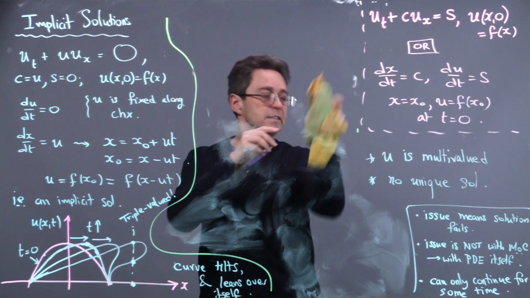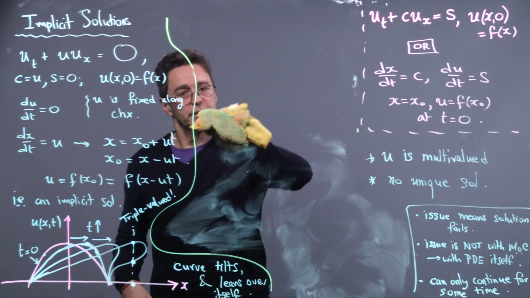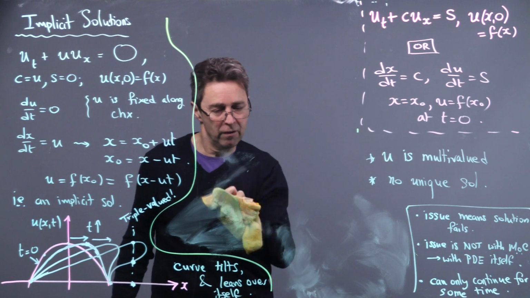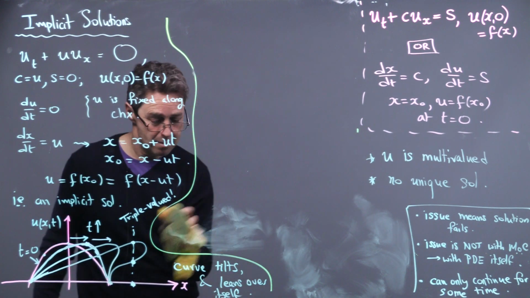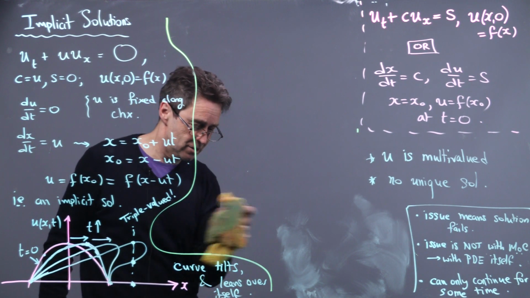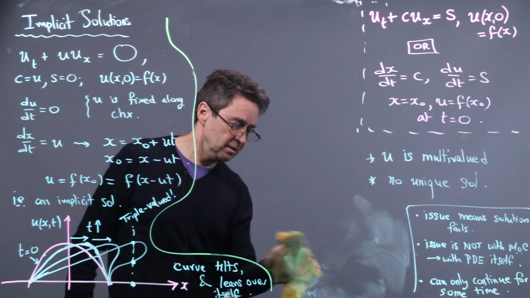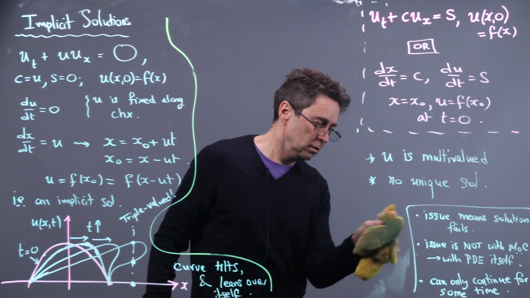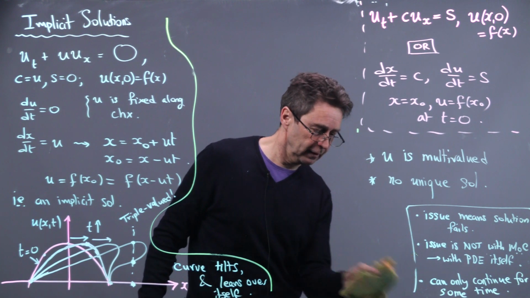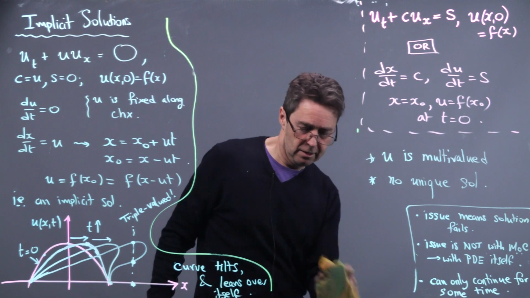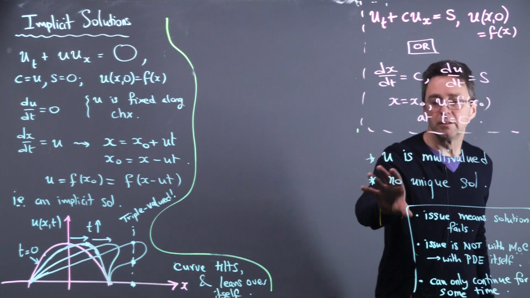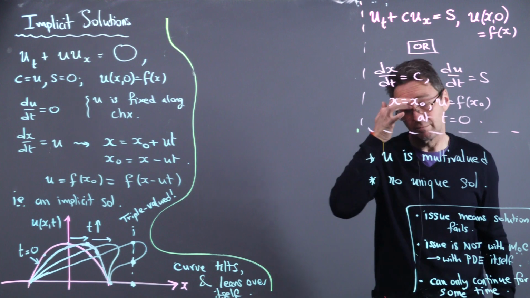But I stress that it's not because of the method of characteristics, it's because the problem itself, because it's nonlinear, has essentially done the dirty on us. It's not a good problem. It's good for a certain while, but not for all time. It wants to create a solution that doesn't make sense.